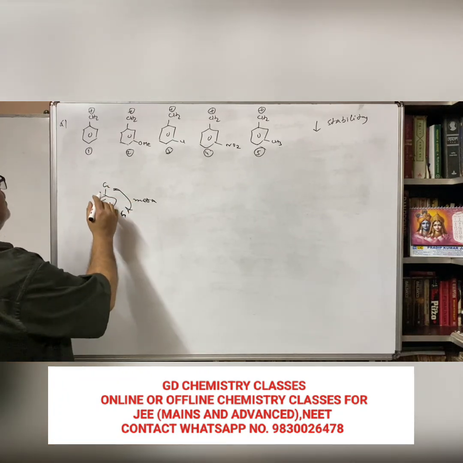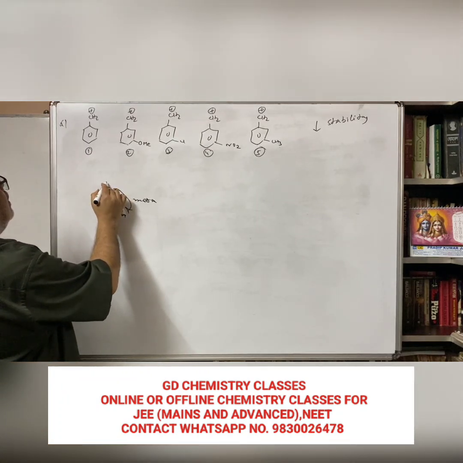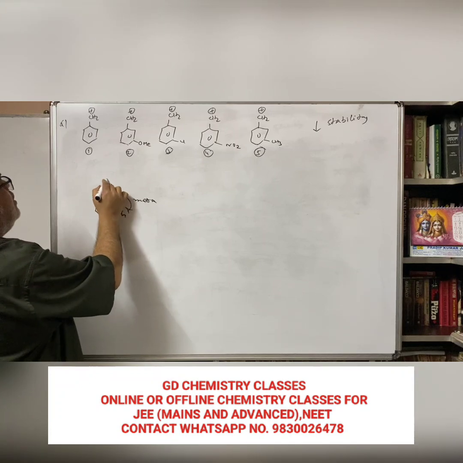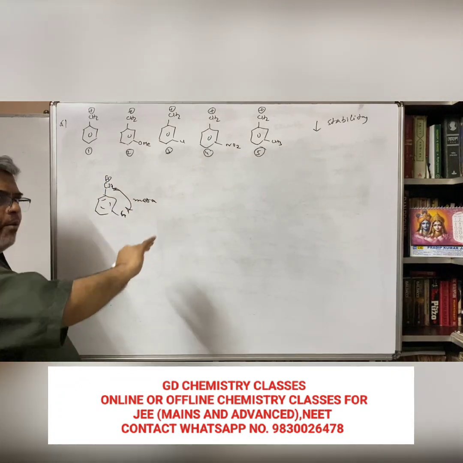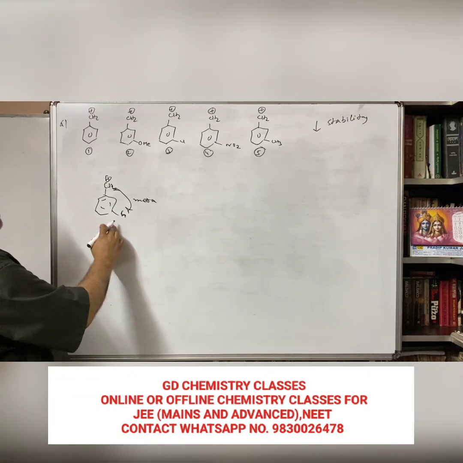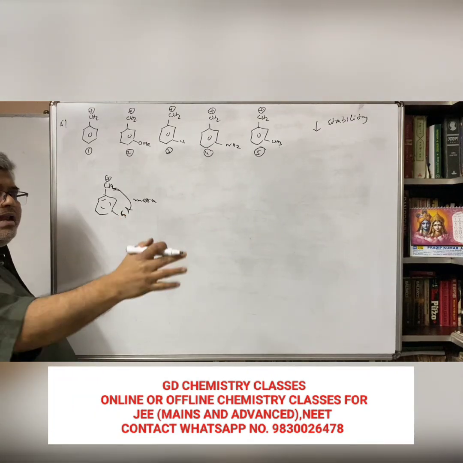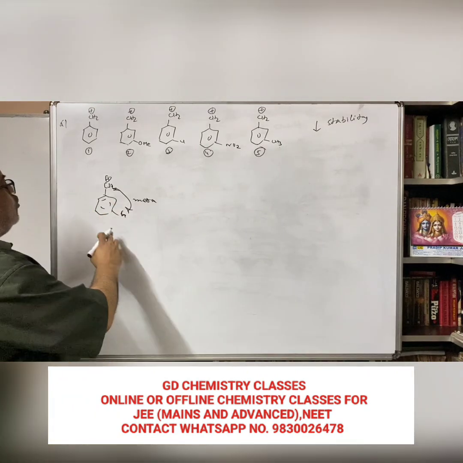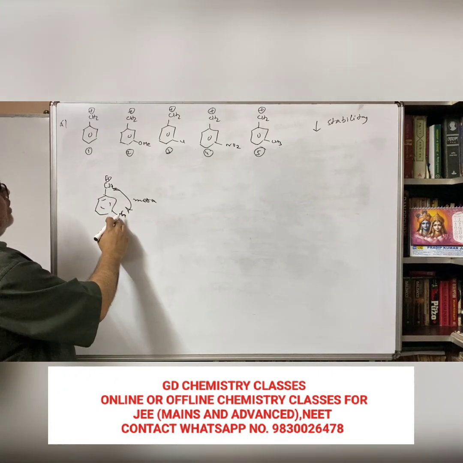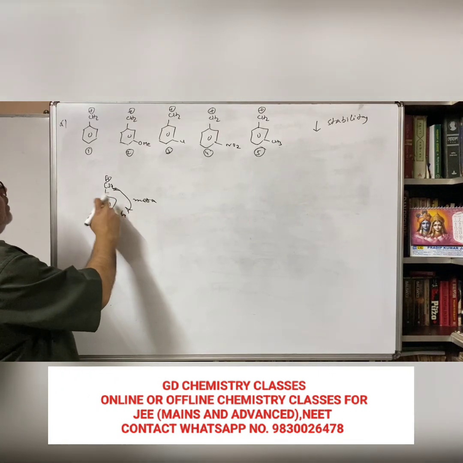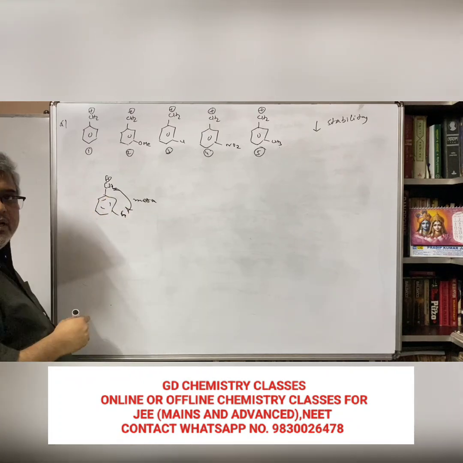That means, suppose this is a carbocation. So if a group which can exhibit plus M effect when at ortho and para is at meta, it cannot exhibit plus M effect here. It won't enter into here because it will end somewhere here or here and something like that.